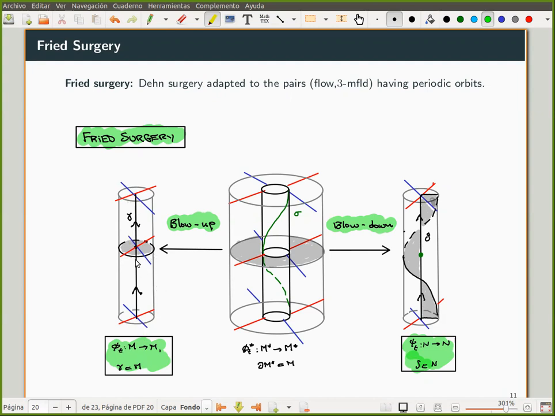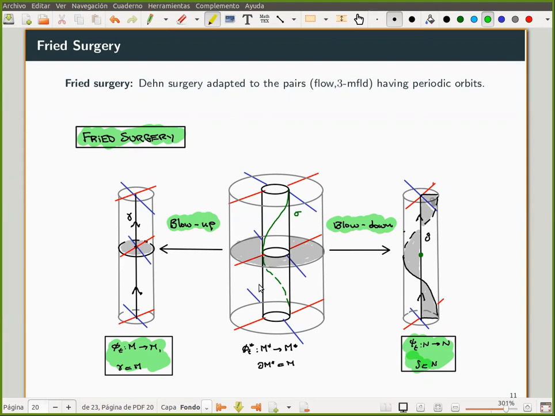Well, so consider some local transverse disk for this periodic orbit and some small tubular neighborhood, and make the blow up of the three-manifold along the periodic orbit. For each transverse disk like this one, we will replace the middle point by a whole circle.